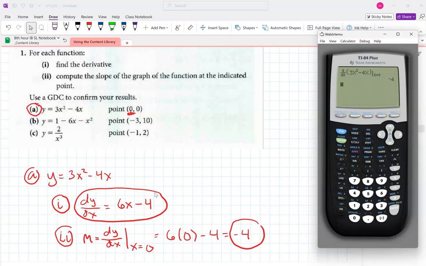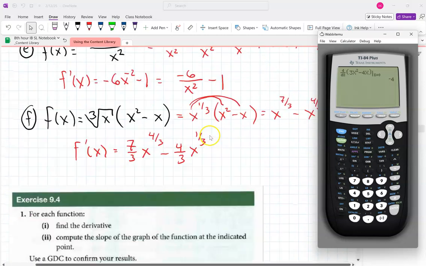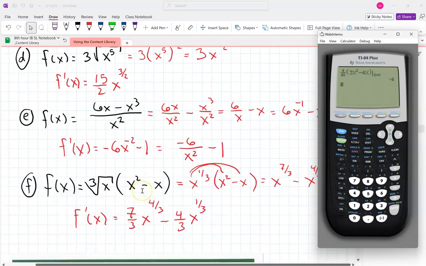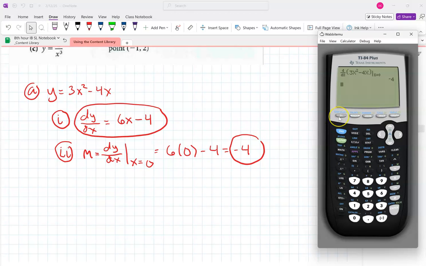it can check it. Let me show you how to check this. Any of these problems that we did before, that we did by hand, are all checkable. So to check this on your calculator, I'm going to type in the original function. And I don't actually want to look at the graph of this one, so I'm going to turn off the graphing function on that one by pressing enter on the equal sign so it's not highlighted.